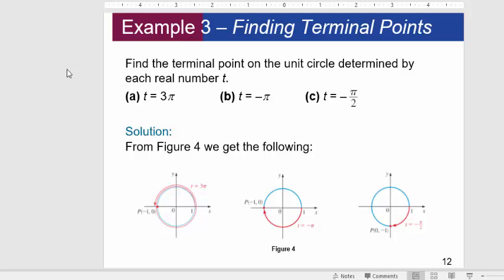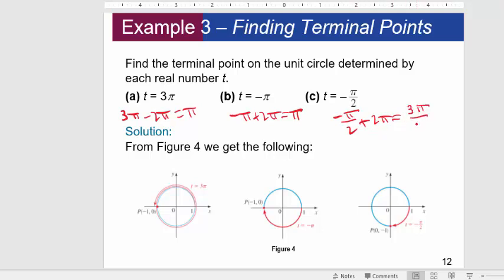So 3 pi, this is where you want to, again, think of the idea of coterminal angles. 3 pi is going to be coterminal with pi. Negative pi is coterminal with pi. And negative pi over 2, right? 2 pi is really 4 pi over 2.